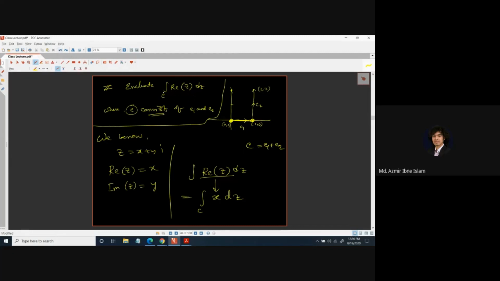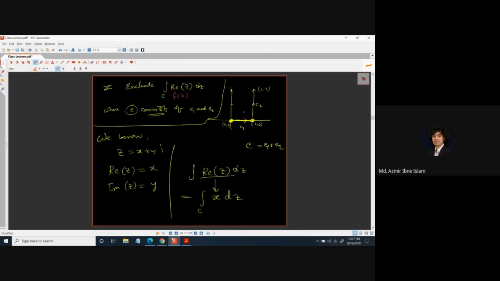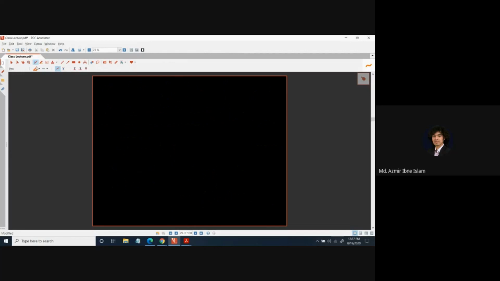Okay, so since we have real of z as the function f of z, and we have two parts C1 and C2, the integral of x dz over C is the combination of the integral of x dz over C1 and the integral of x dz over C2. Whenever you are finding your result, you can add these two, you will get the result.